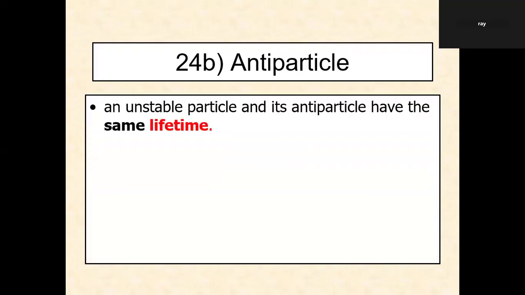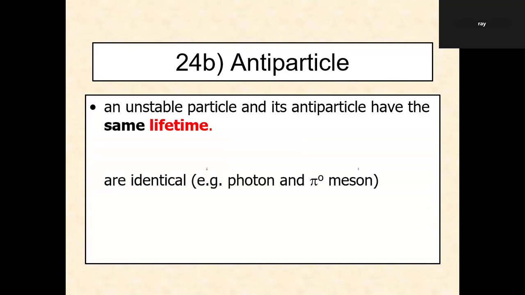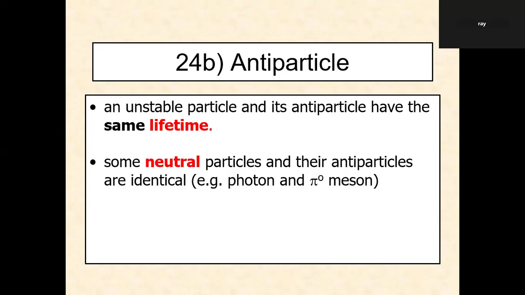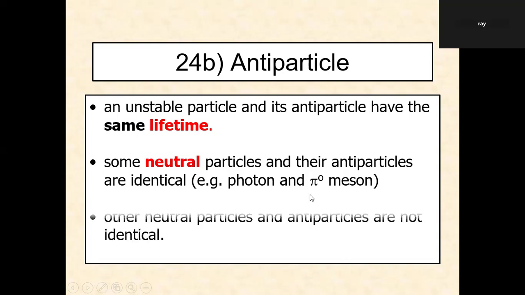An unstable particle and its antiparticle have the same lifetime. Some neutral particles and their antiparticles are identical, for example photon and meson. That's a symbol for meson. Other neutral particles and antiparticles are not identical.